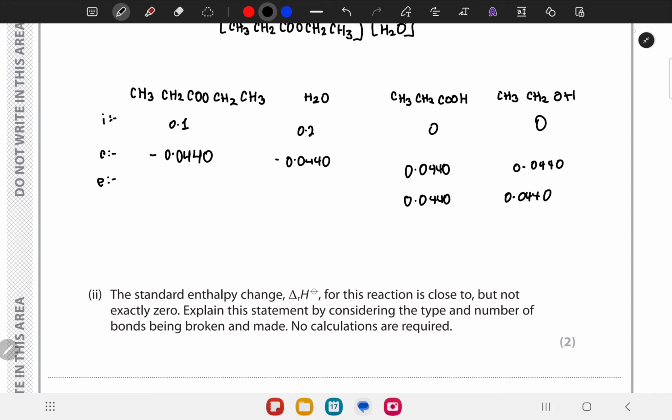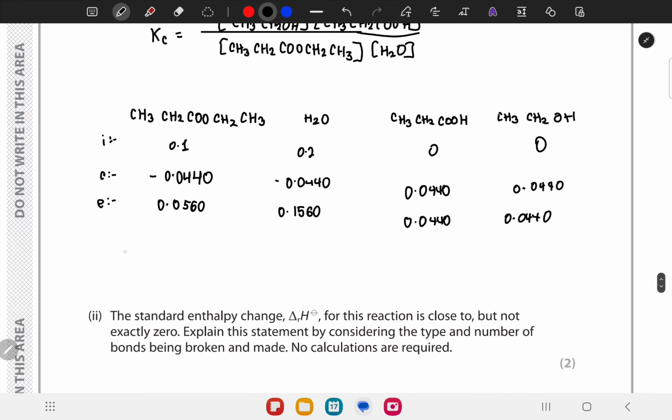If we fill up the table, we get 0.0560 over here and 0.1560 over here.